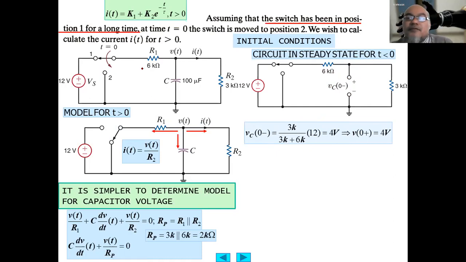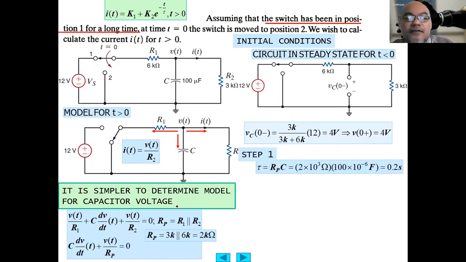Remember that when it is a DC voltage, there will be no current flowing through the capacitor, because this 12 volt source is a non-varying voltage source. So the voltage at the capacitor equals the voltage division, 3K divided by 3K plus 6K times 12, which is 1/3 times 12 equals 4 volt.